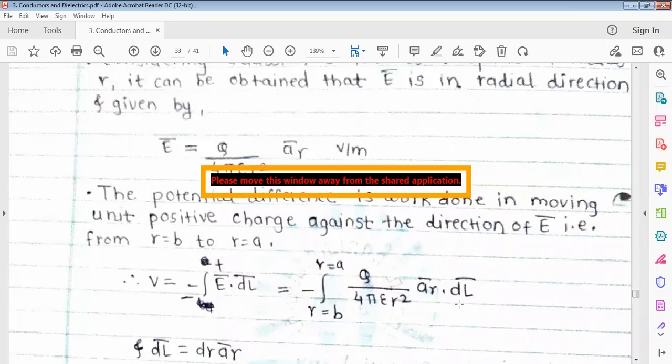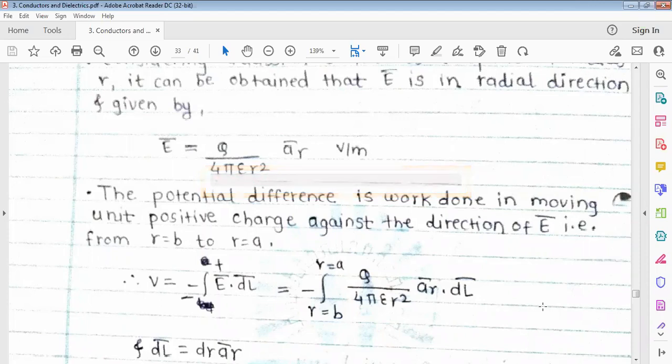Okay. So if we are considering spherical coordinate system, then this dl is equal to r square sine theta, okay, remember r square sine theta, dr, d theta, d phi. Okay, it is for the spherical coordinate system.